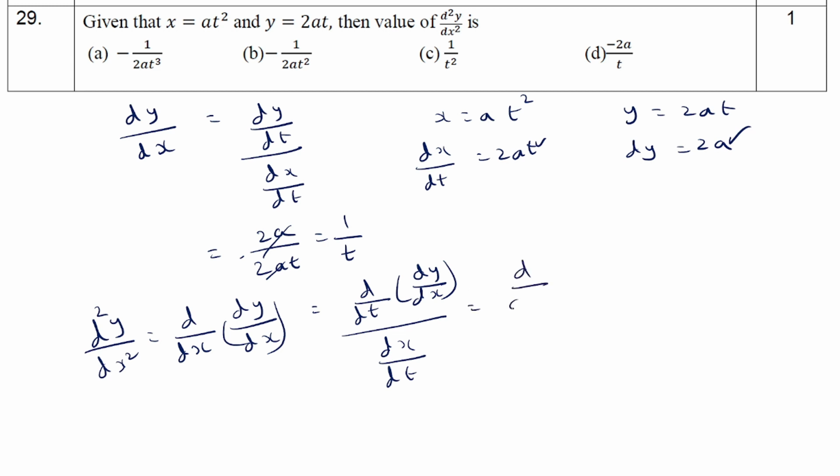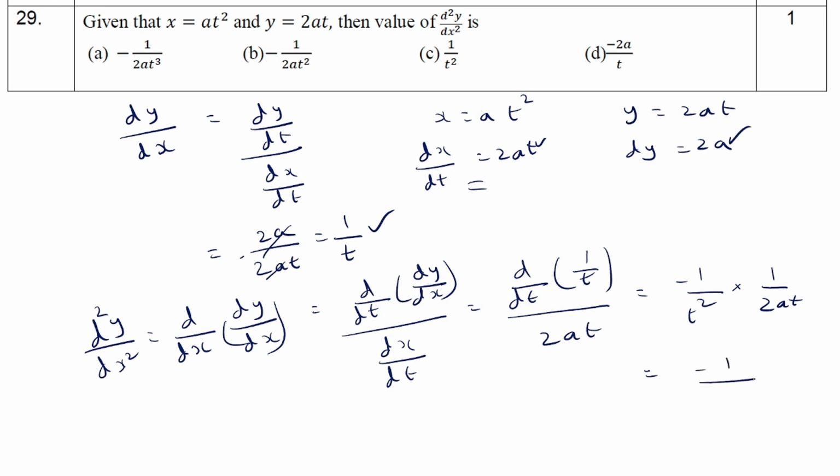So this is equal to d by dt of 1 by t, which we calculated as dy by dx, upon dx by dt, which is 2at. So it is equal to minus 1 by t square into 1 by 2at. So it is minus 1 by 2at cube. So the correct option is option A.